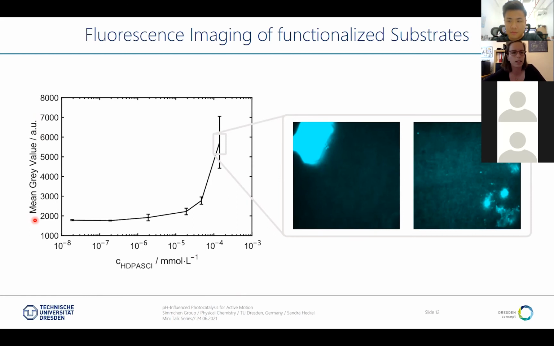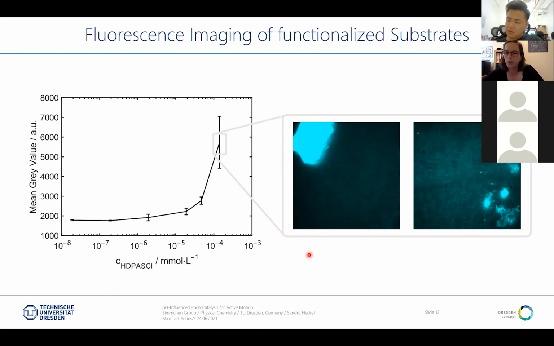You can take this as an indicator for the brightness of the substrates later. Naturally, what you can see is if there's more dye in the functionalization, the substrates later will have a higher mean gray value, which just means there's more dye and they are brighter. So this is something you would expect.